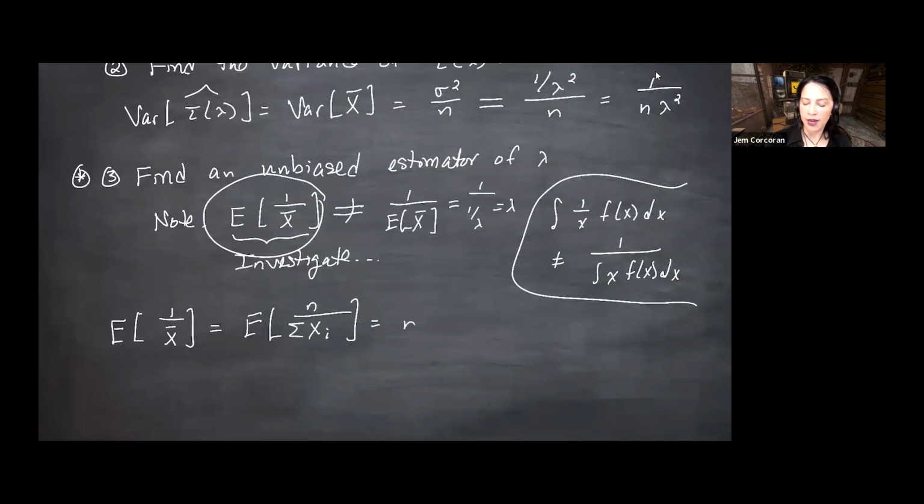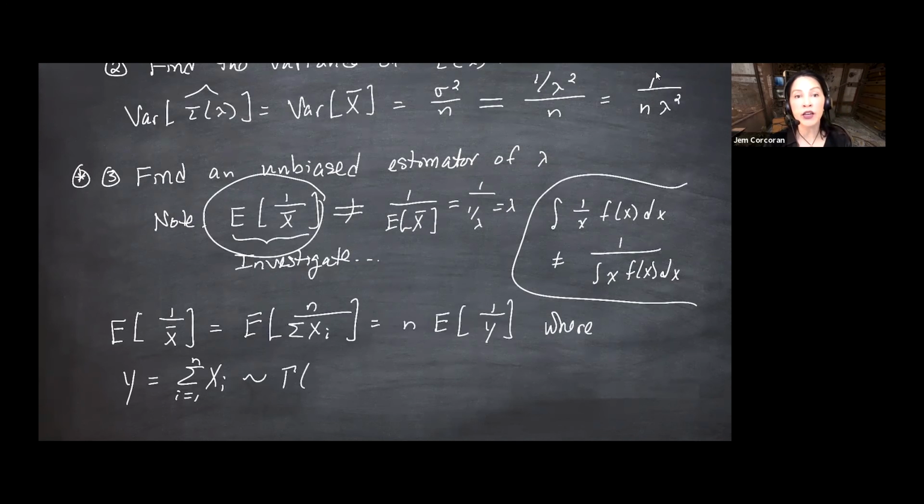And I can pull the n out, and I'm going to call that sum 1 over y, where y is the sum as i goes from 1 to n of the xi. Now we already know using moment generating functions that this is a new random variable that has a gamma distribution, and the first parameter is the number of exponentials we added together, and the second parameter matches that of the exponential.